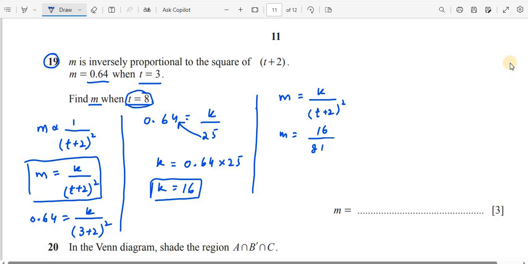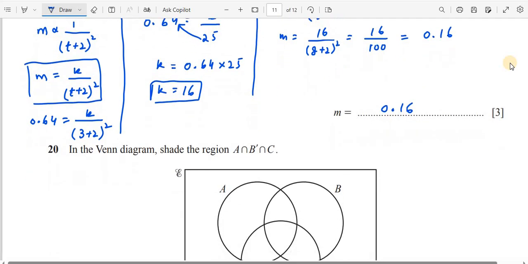So 8 plus 2 is 10, and 10 squared is 100. After division, 16 over 100 is equal to 0.16. So M is equal to 0.16.